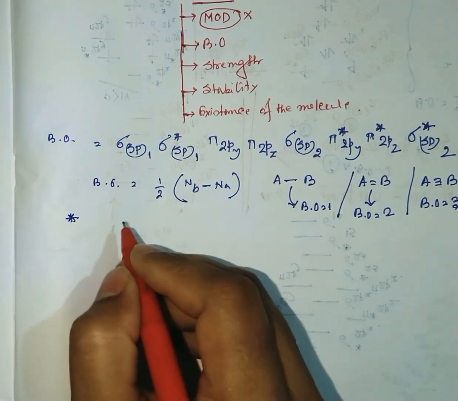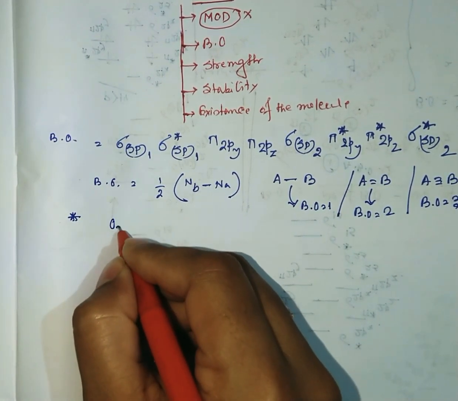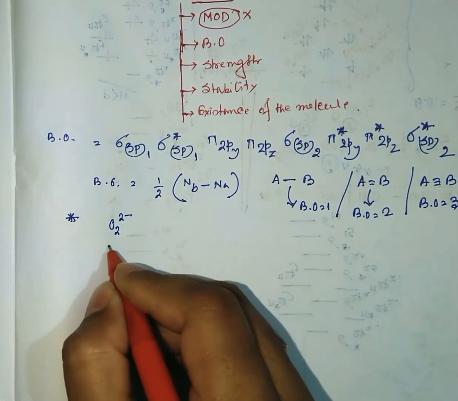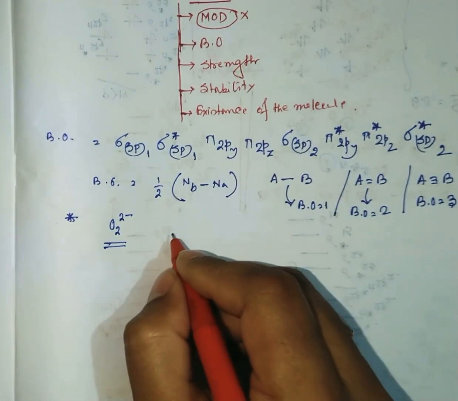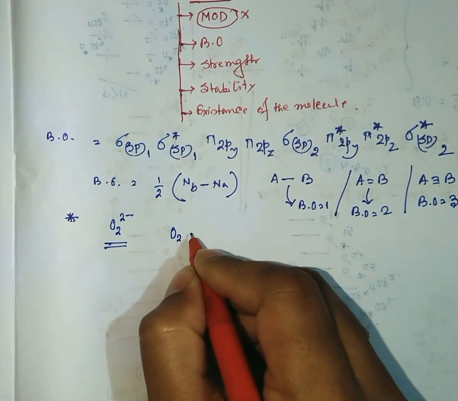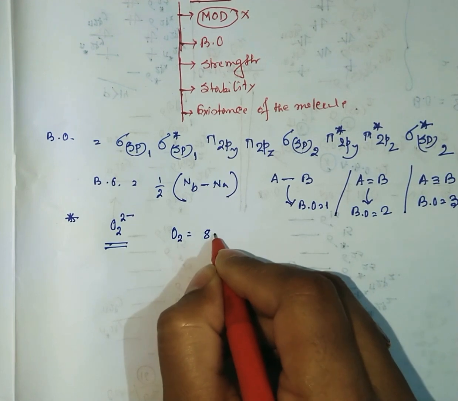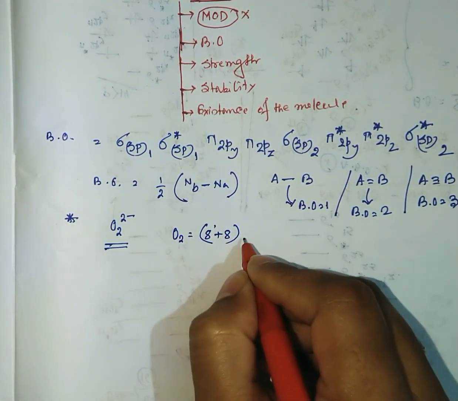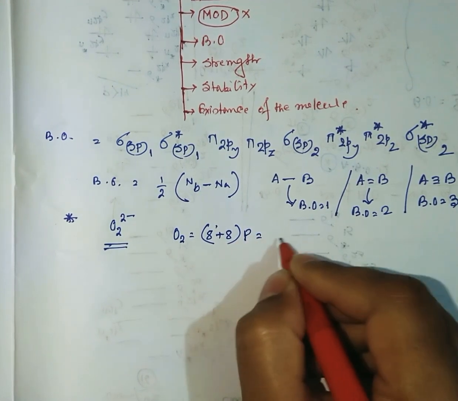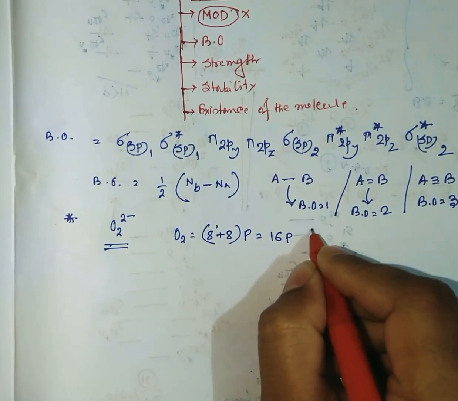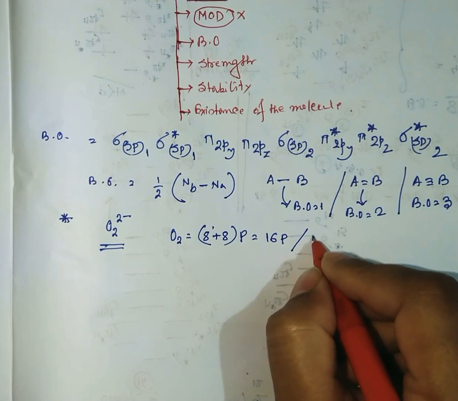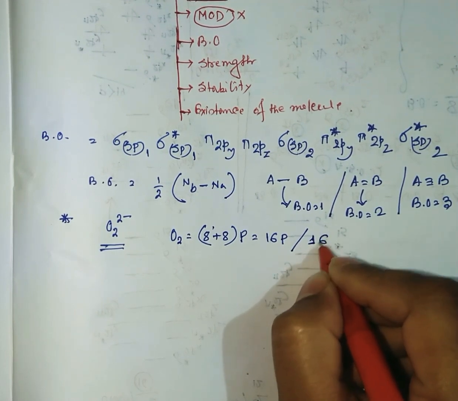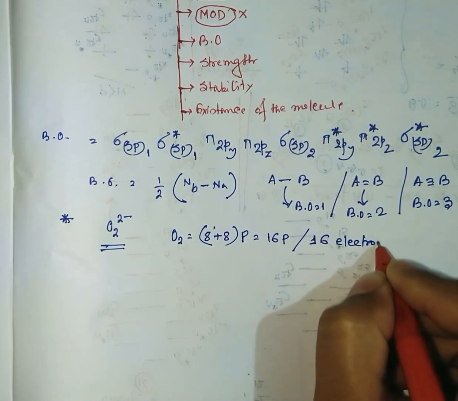Next, calculation of bond order for O2 2 minus. O2 means 8 plus 8, that means 16 protons, and contains 16 electrons.